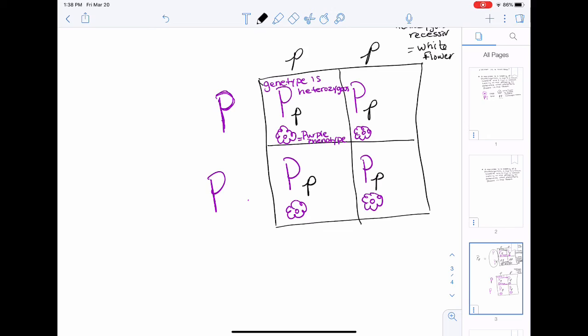Again, we know the genotype is heterozygous, and the phenotype is purple. Miss Devon made a mistake there, guys, I'm so sorry.